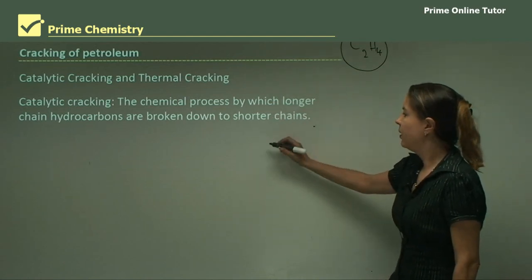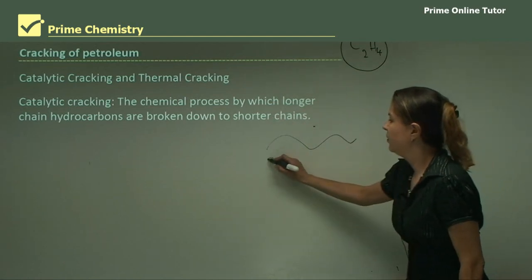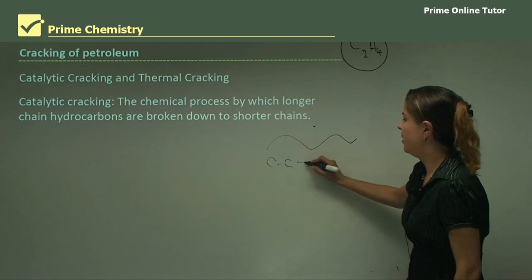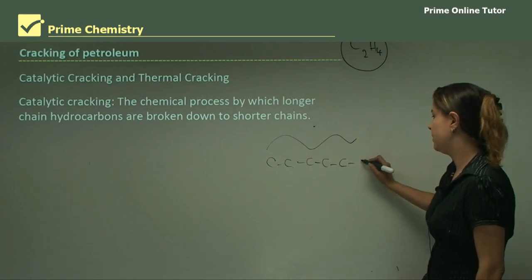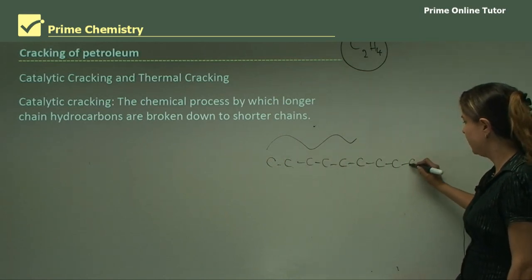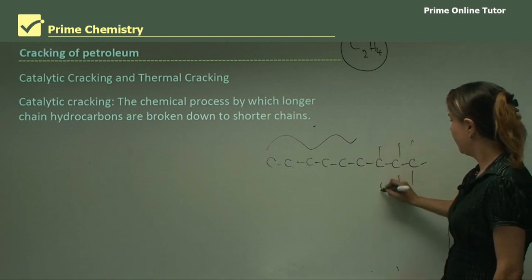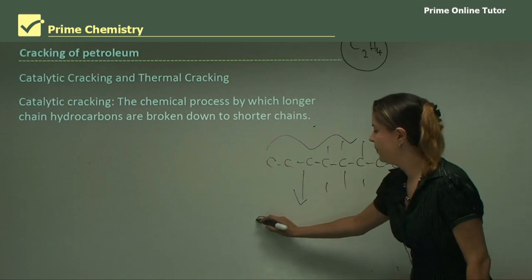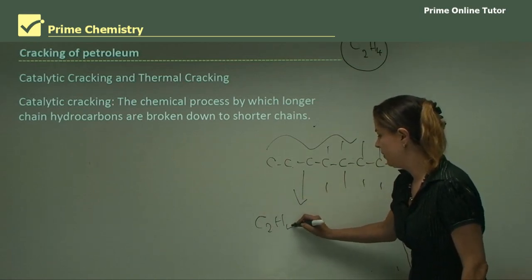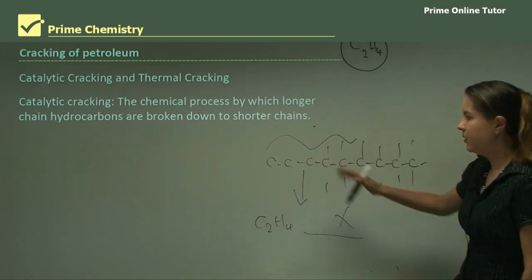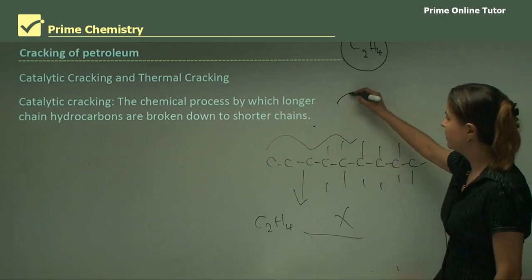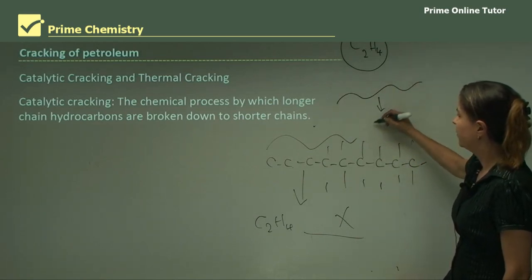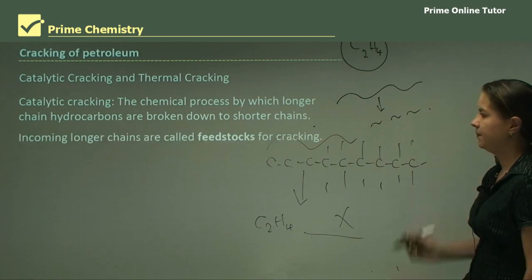We start with a long chain hydrocarbon, for example, meth, eth, prop, but, pent, hex, hept, oct, non. Let's say nonane, 9 carbons. Crack it down and we'll get our target molecule and a byproduct, which we'll discuss later. But just imagine a longer molecule going into shorter molecules.